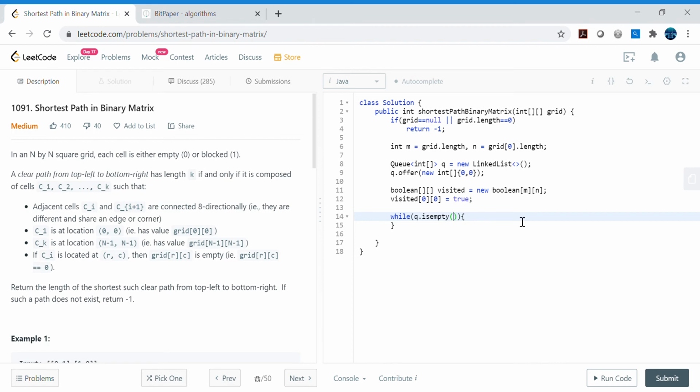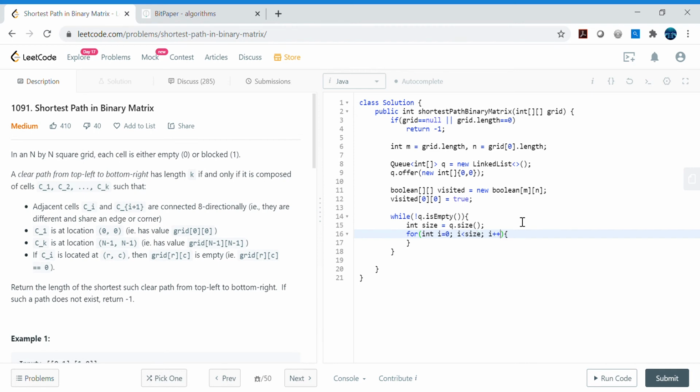What is the BFS template? We will check the queue: if the queue is not empty, then we will take the size of the queue. What is the queue size here? So queue.size(), and then we will iterate that many times.